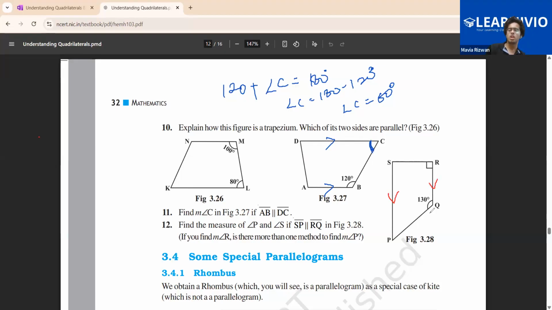Okay, RQ. This is parallel, this is given 180, this is given 90. These are adjacent angles. This is not a parallelogram, this is a trapezium, I'm repeating again.